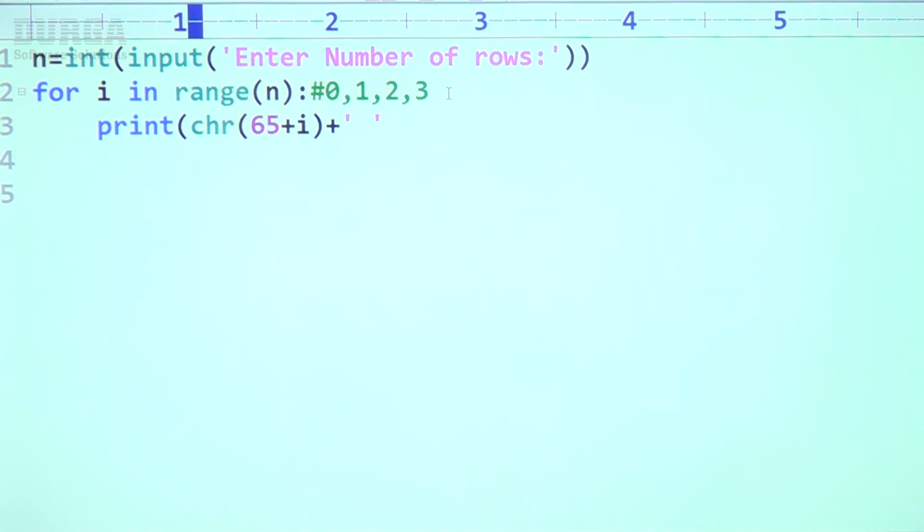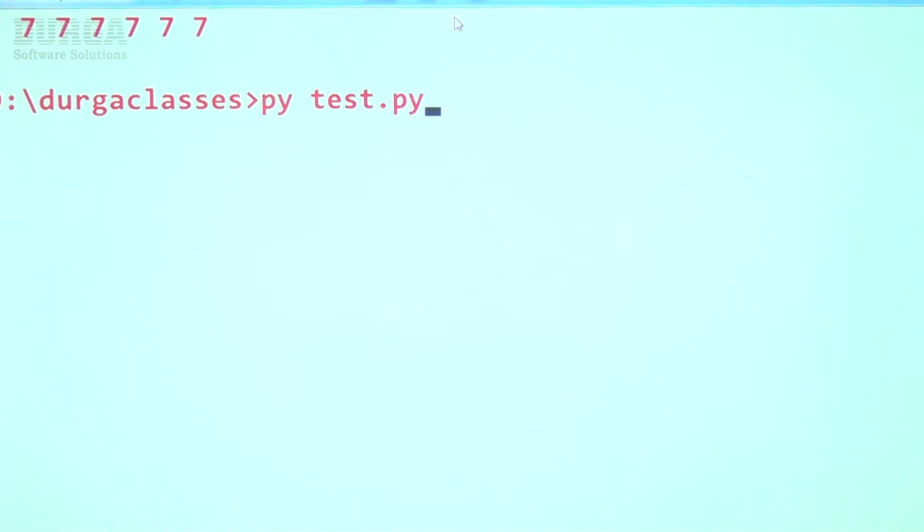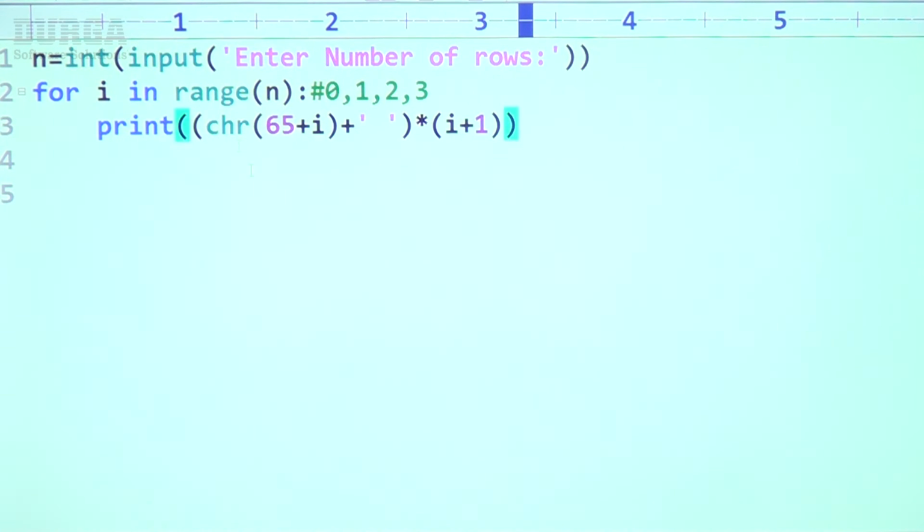This total thing we have to take i plus 1 number of times. Observe very carefully: 65 plus i means the corresponding character will come, followed by a space, i plus 1 number of times.